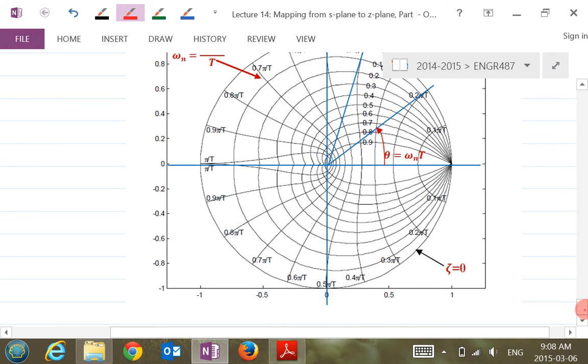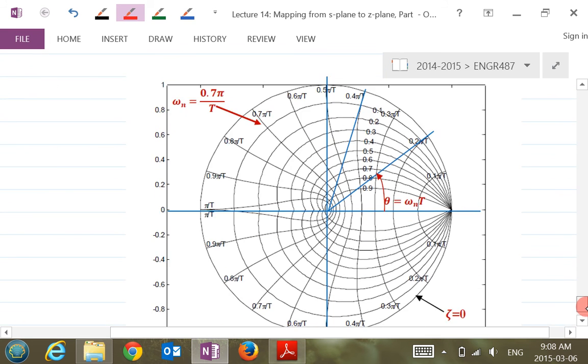We show that using a normalized version. If you look closely, those are a bunch of natural frequency lines. As you can see, all the lines are perpendicular to the constant damping ratio lines, right?